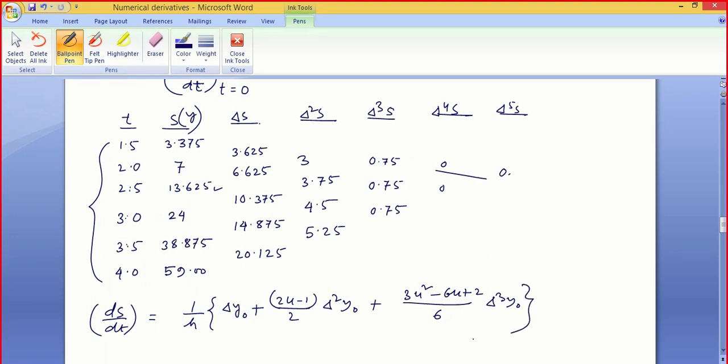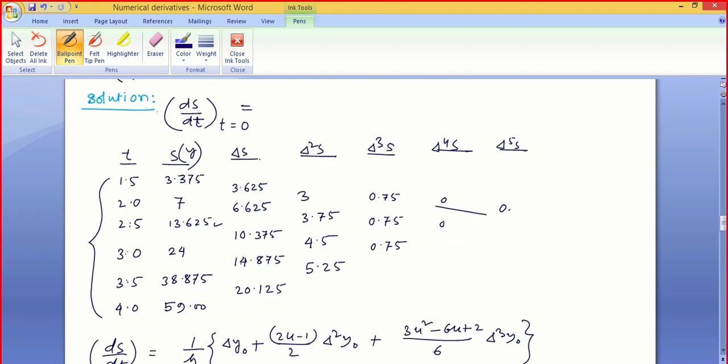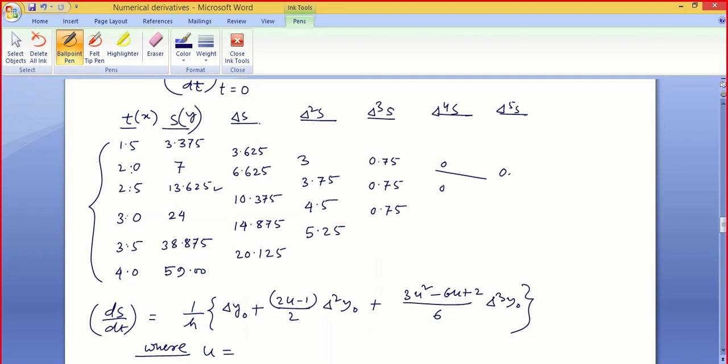So this, where u equals x minus x0. Here x is t, so it means t minus t0, divided by h. The asking point t, and t0 is the initial value.